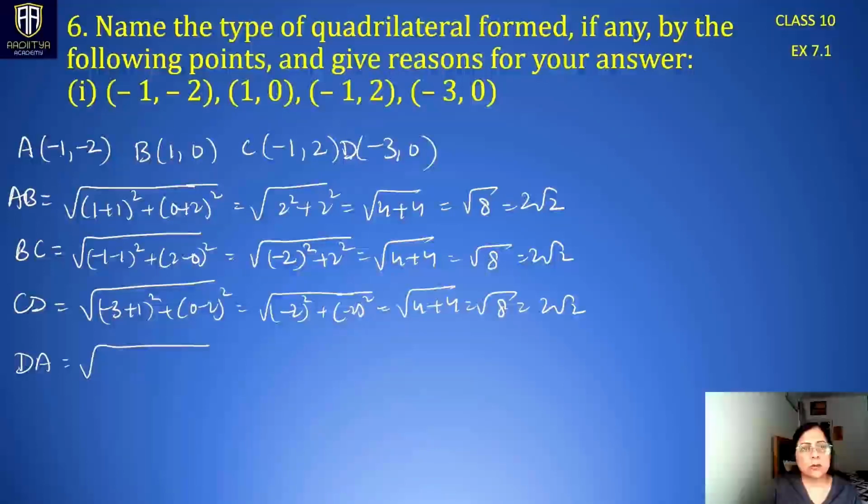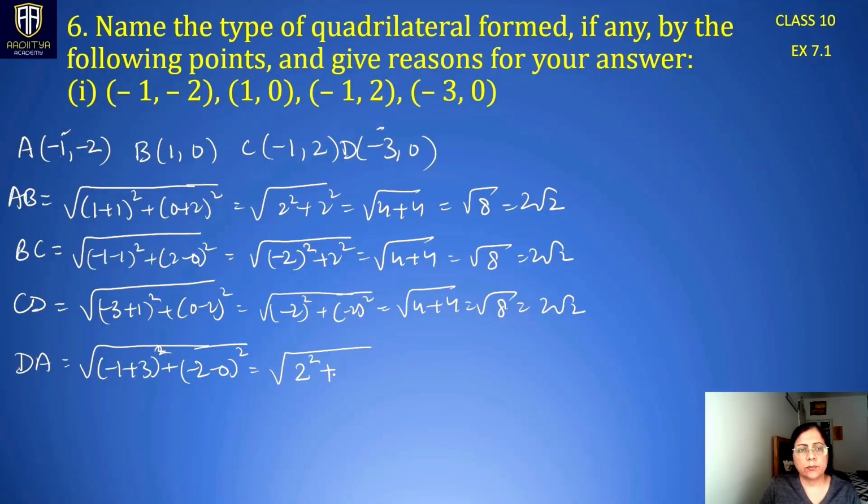DA is minus 1 minus minus 3, that is minus 1 plus 3 square, and minus 2 minus 0 whole square. So we have 3 minus minus 2 square plus minus 2 square, which is 4 plus 4, root 8, which is 2 root 2. So you can see that all the four sides of this quadrilateral are equal.